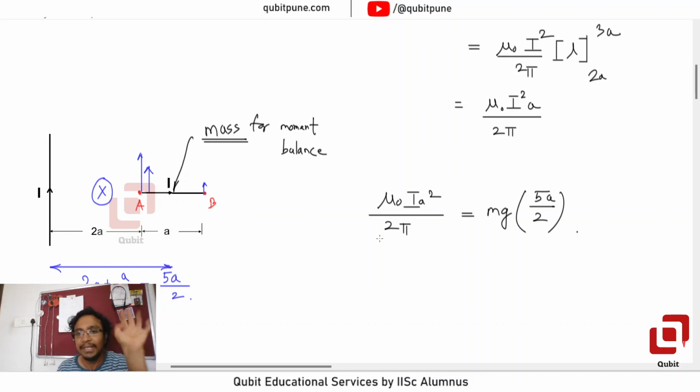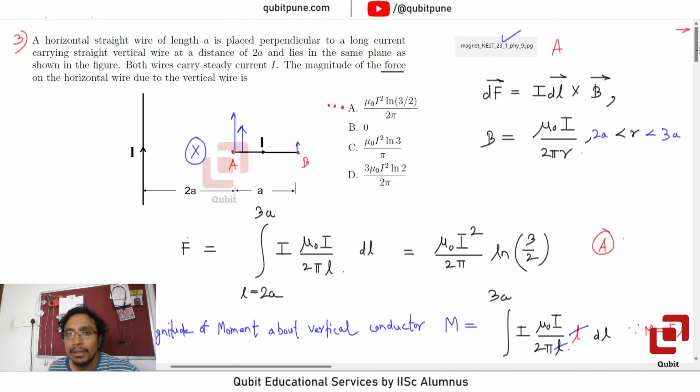So mg into that, and that can give you the mass. ठीक है, ये निकाल सकते. Got it? If they want to raise the difficulty level, you just have to add up things and eventually you will get the final answer. Got it? Any issues with the question? No, sir. समझ गया ना? Okay. All right.